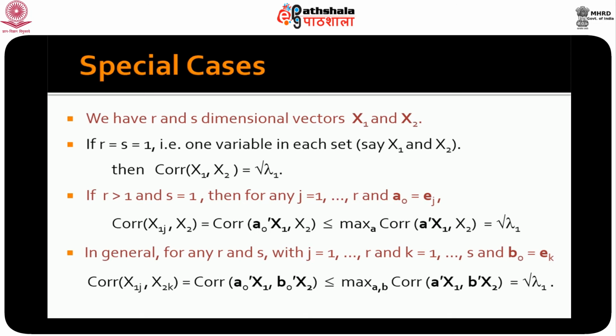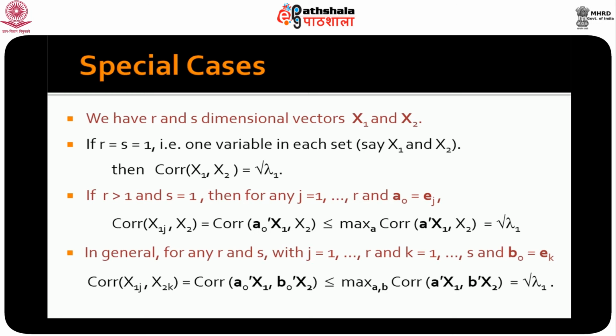If we go back and look at the general variance covariance matrix sigma, remember sigma is sigma 1 1, sigma 1 2, sigma 2 1 and sigma 2 2, where sigma 1 1 and sigma 2 2 are the variances of x1 and x2 respectively, whereas sigma 1 2 equal to sigma 2 1 prime is the covariance between the two groups.